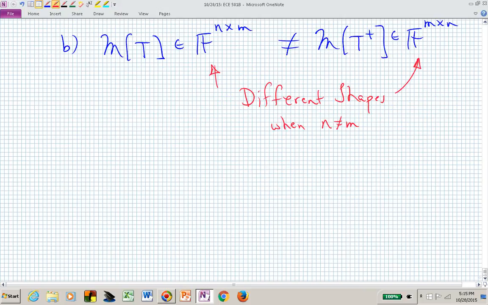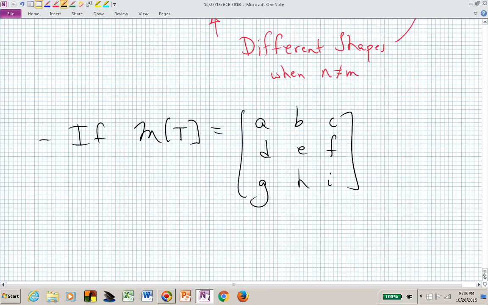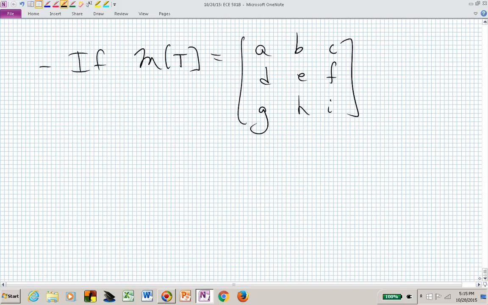If we now have a matrix representation of this linear map T, let's say that it's 3 by 3 and it's A, B, C, D, E, F, G, H, I, then what does the matrix representation of T dagger look like?